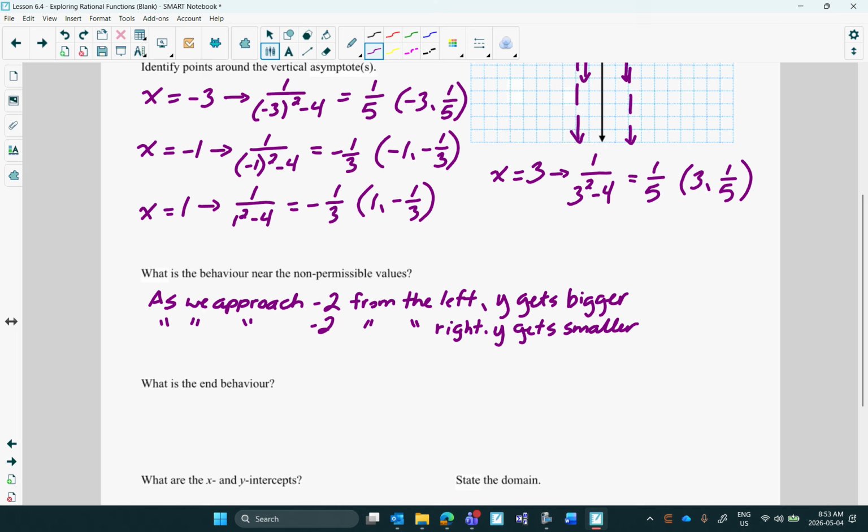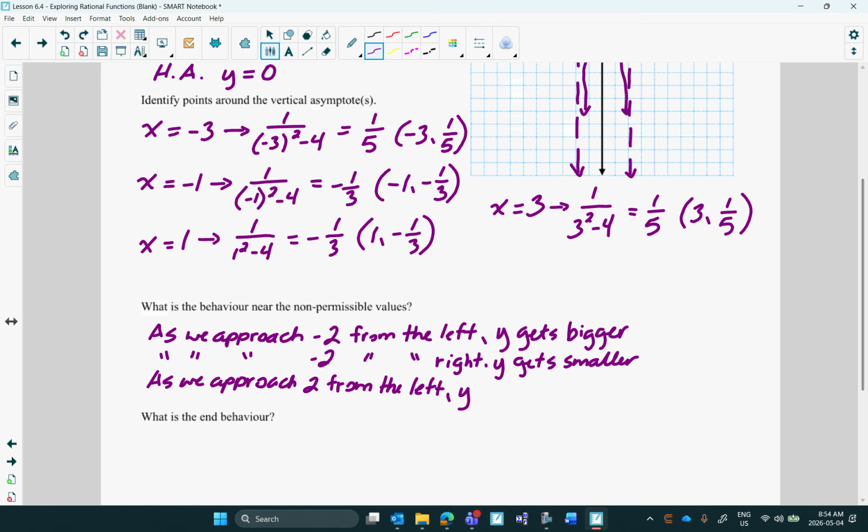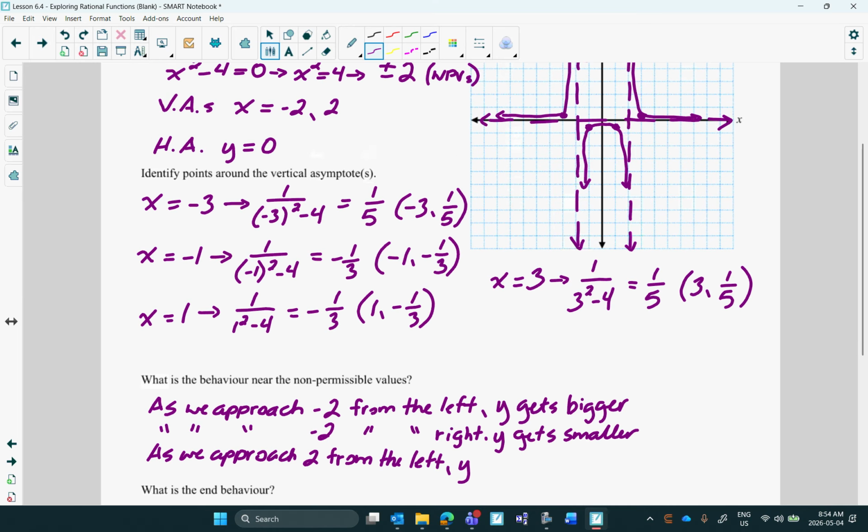And what about the other asymptote? As we approach 2 from the left, notice as we approach 2 from the left, we're getting smaller.